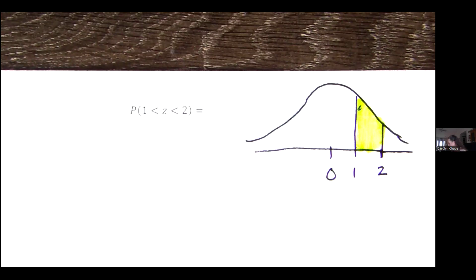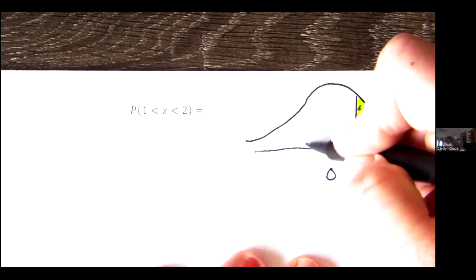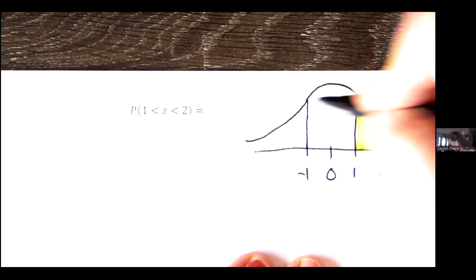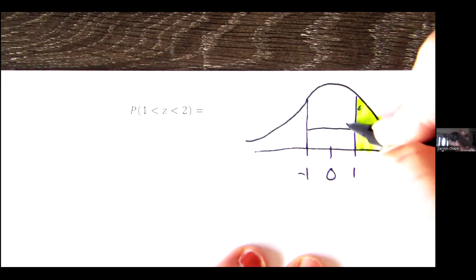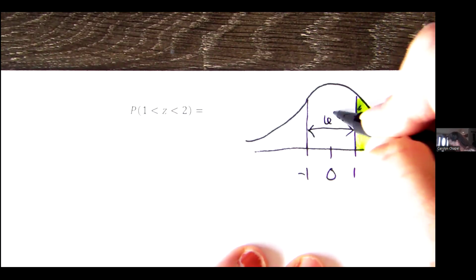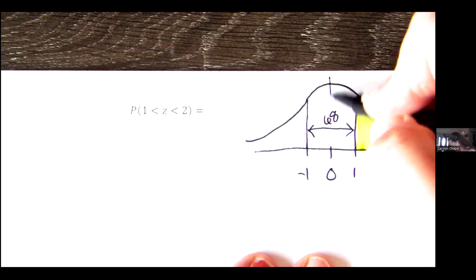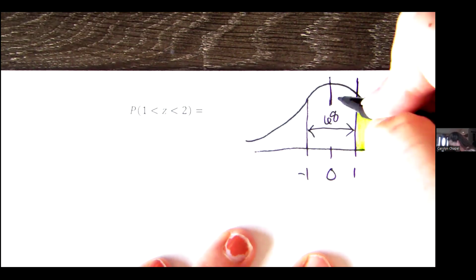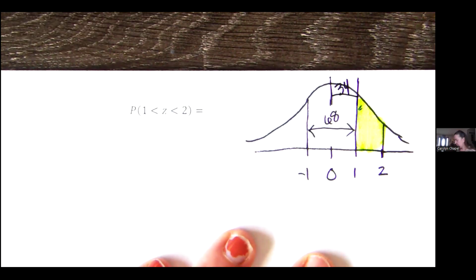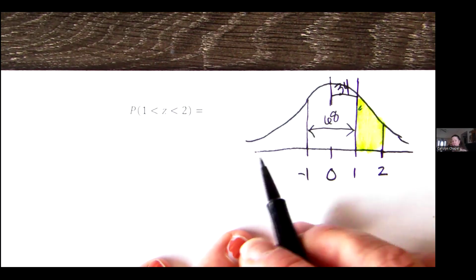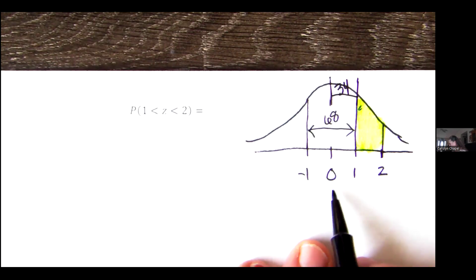All right, so I want to think of some things here. From here to here is 68. Or you could think of from here to here, we've already done, is 34, right? I'm going to use that, I think. We also did from -2 to 0, which would still be the same as from 0 to 2.